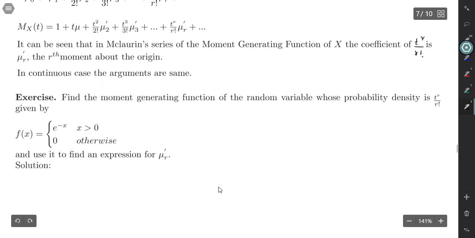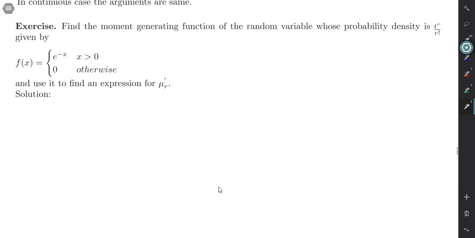Now let's see how we can use this theory to find the moments about the origin using the moment generating function. The idea is to express our moment generating function in a Maclaurin series with these terms t to the power r over r factorial, and whatever you see in front of this expression, which is called the coefficient, that will be the moments about the origin.